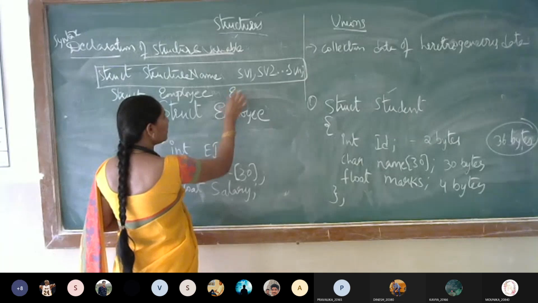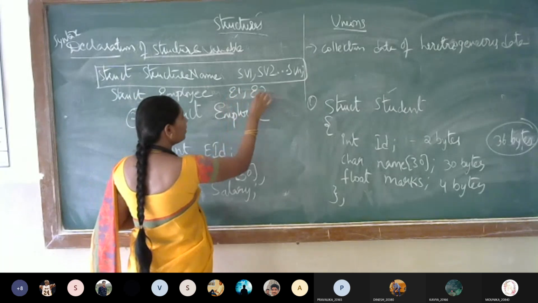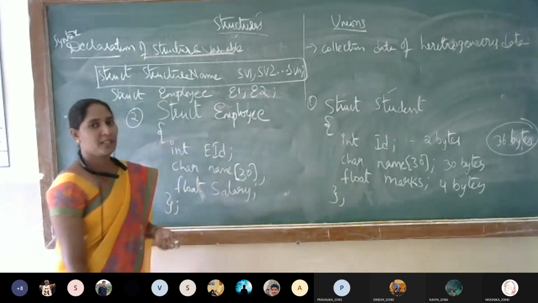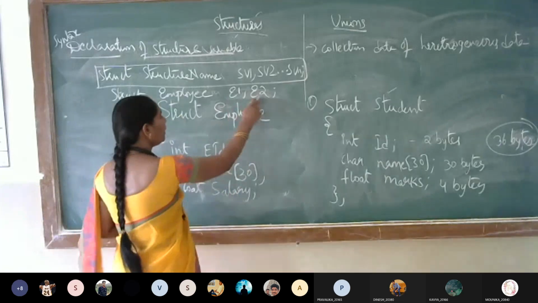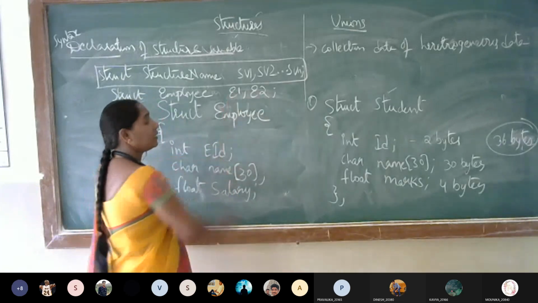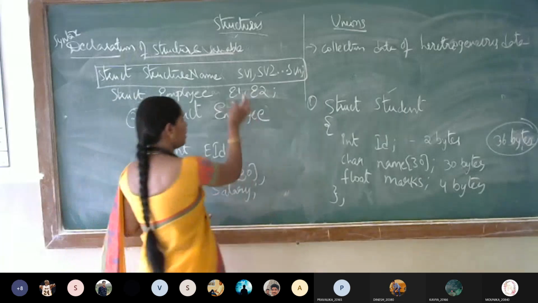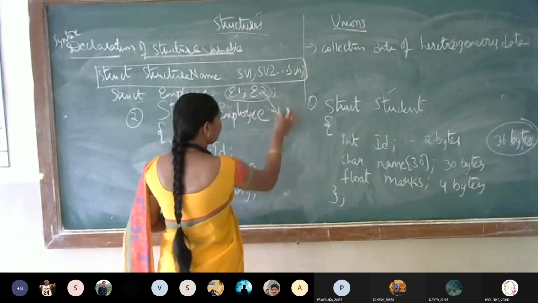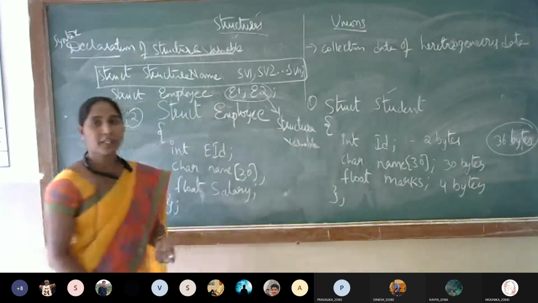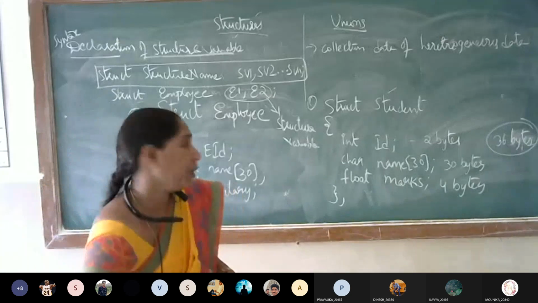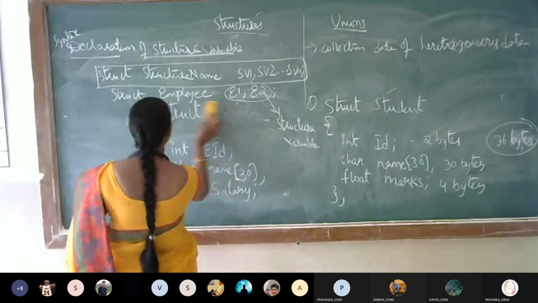So I will specify them as E1, E2. E1, E2 specify employee 1 and employee 2. So here E1, E2 are the structure variables. This is the way we declare a structure variable.